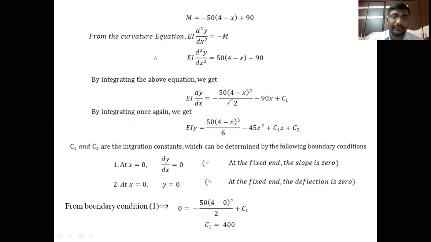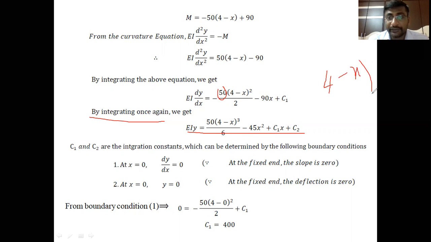So after integration the first time, then integrate a second time. By integrating once again, we will get the deflection equation. So how to integrate again? If we integrate this, 50 is a constant, and we need the integration of 4 minus x whole square. In the double integration method, you have to expand this using the a minus b whole square formula and then integrate, but in Macaulay method we need not expand this expression.